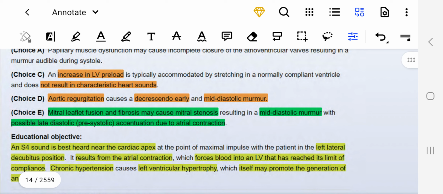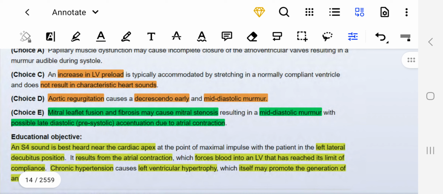Aortic regurgitation gives a decrescendo early mid diastolic murmur. Mitral leaflet fusion and fibrosis will lead to mitral stenosis, which produces a mid diastolic murmur, with possible late diastolic, that is presystolic, accentuation due to atrial contraction. That means it can also lead to an S4 sound, but most commonly that is associated with left ventricular hypertrophy.